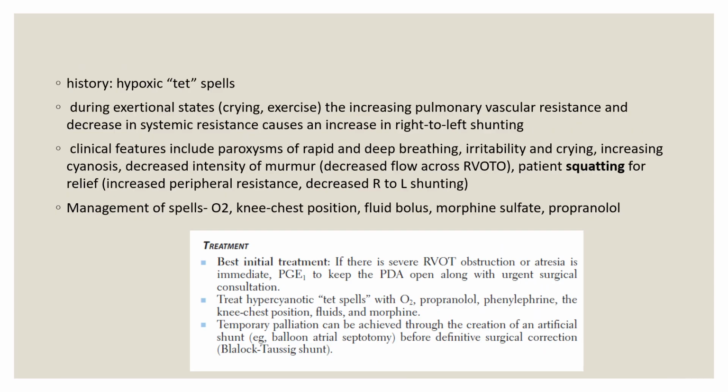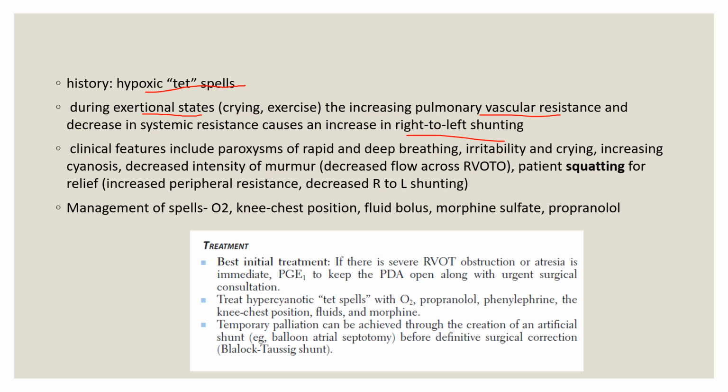Now, the classical history usually given in exams with TOF is the hypoxic or TET spells. What is happening during an exertional state, like crying or exercise? There is an increase in pulmonary vascular resistance and a decrease in systemic resistance, which causes an increase in right to left shunting, so there is increase in cyanosis.